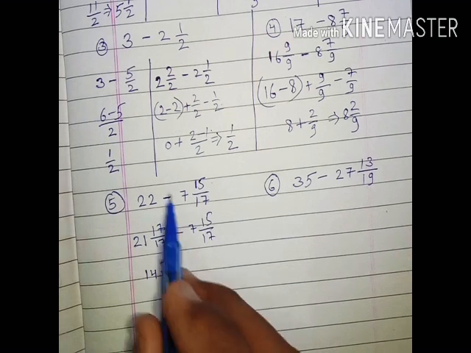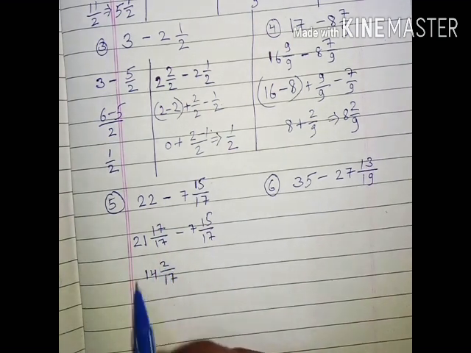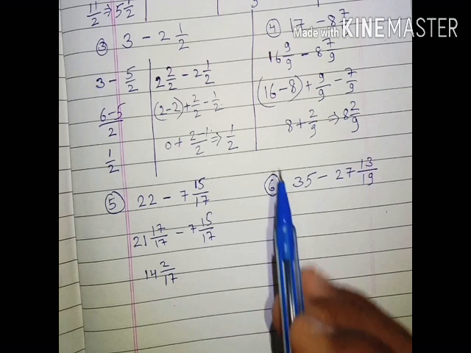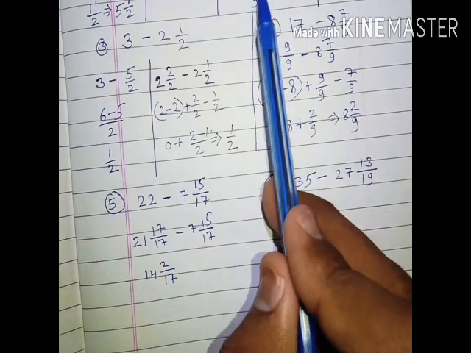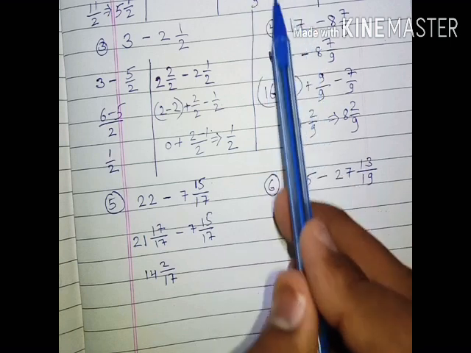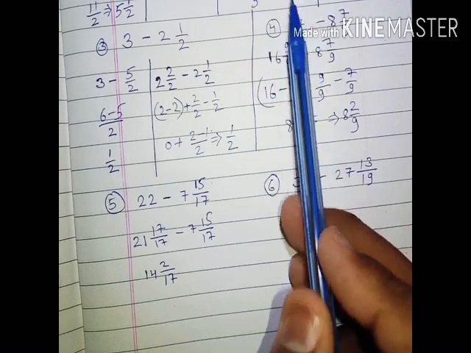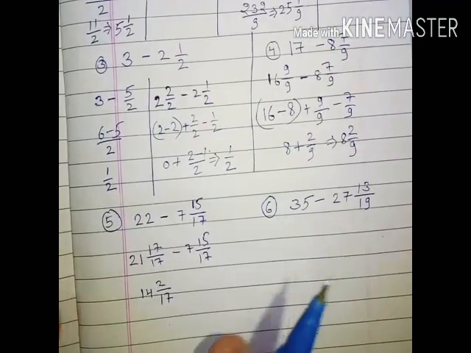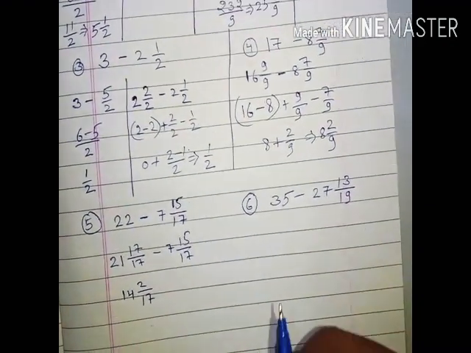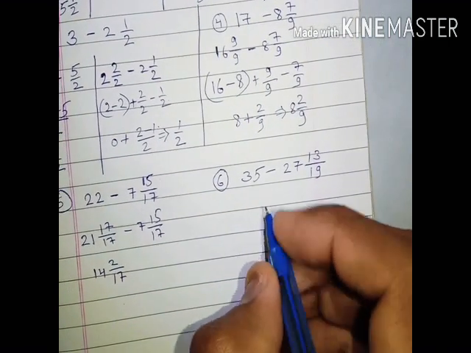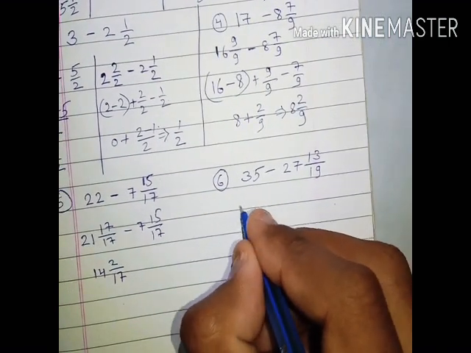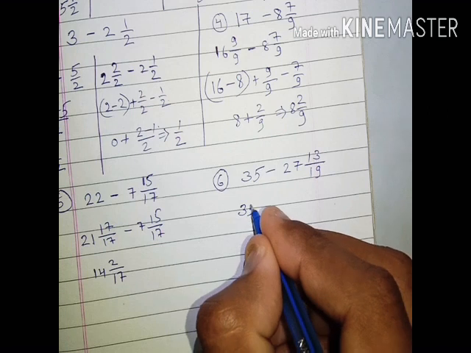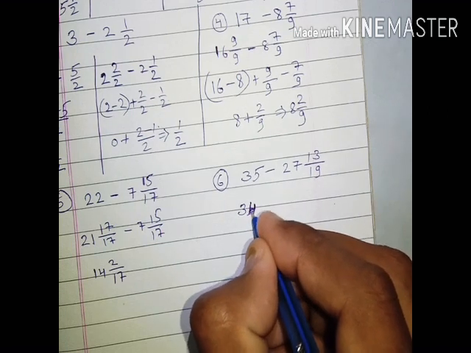Means we can do this question directly in mixed fraction. We don't need to convert into a simple fraction and after this again convert into a mixed fraction by dividing. We can do it directly. Let's do the next question. 35, we can write 35 as 34.